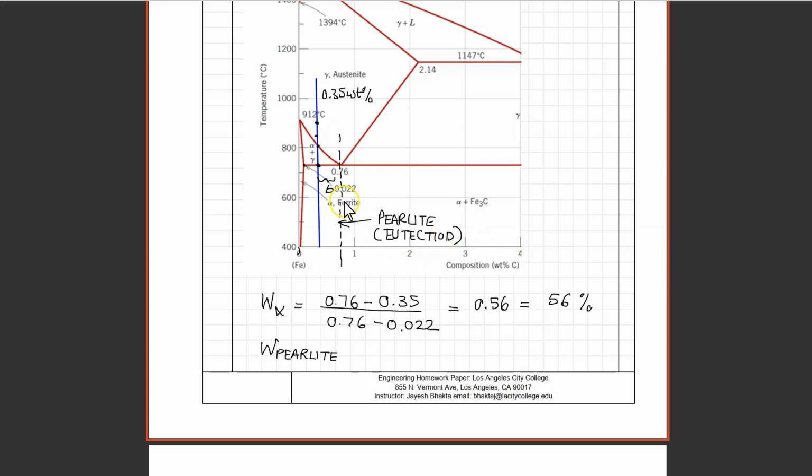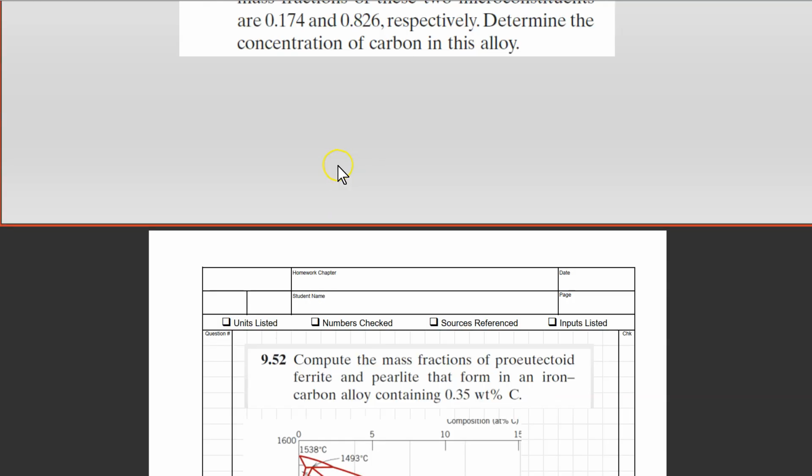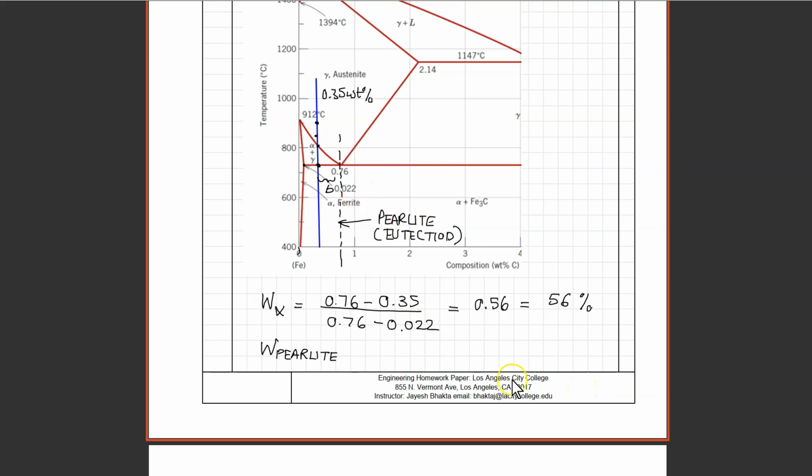So if you're confused about where to draw the tie line, the best way is to think, what two phases am I trying to find the weight fraction of? Those two weight fractions must add up to 100%. And so my tie line must extend from the composition of the first phase, which in our case is pro-eutectoid ferrite, to the second phase, which is that of pearlite. Okay, so that's what we've done.